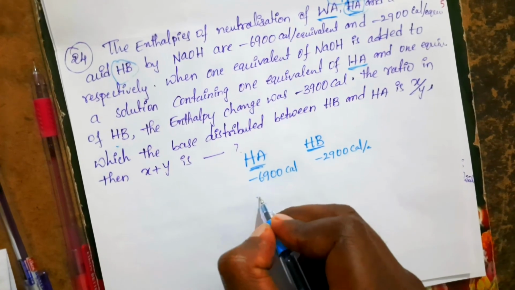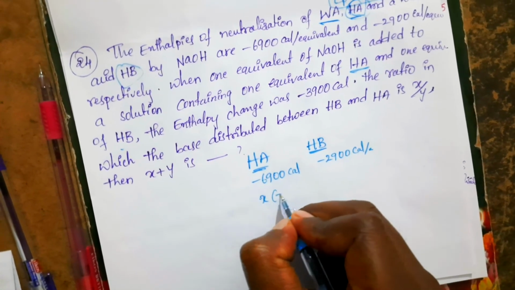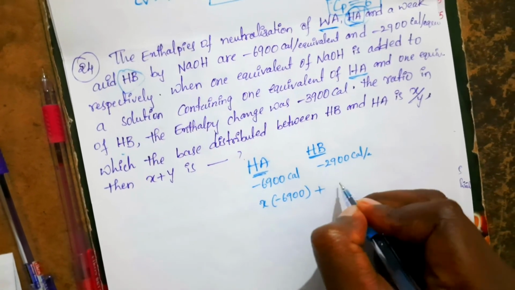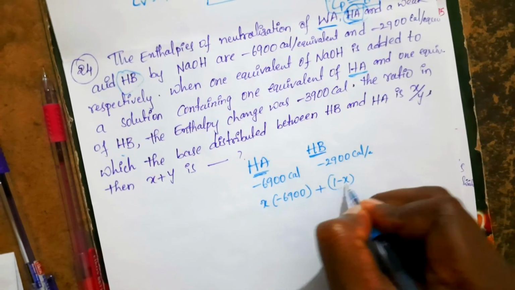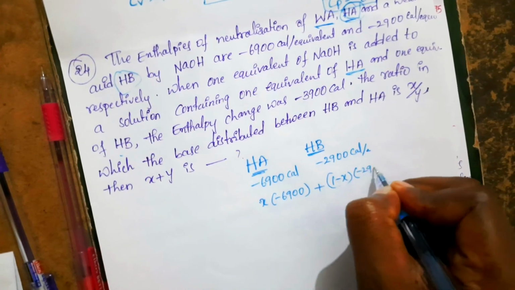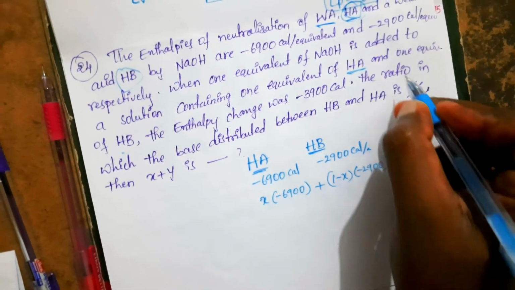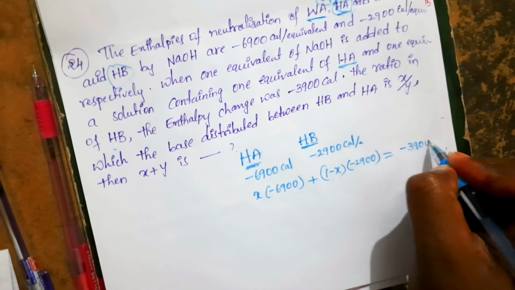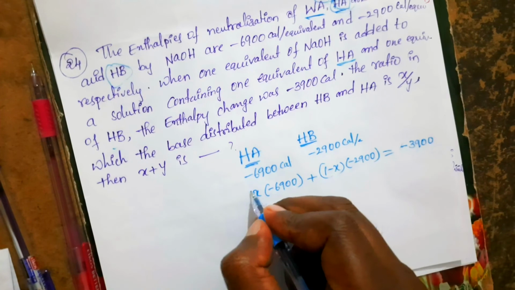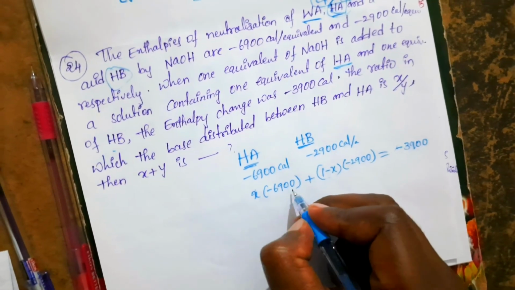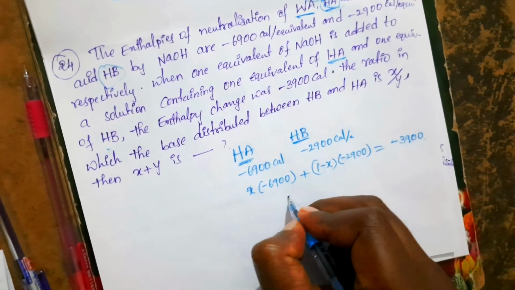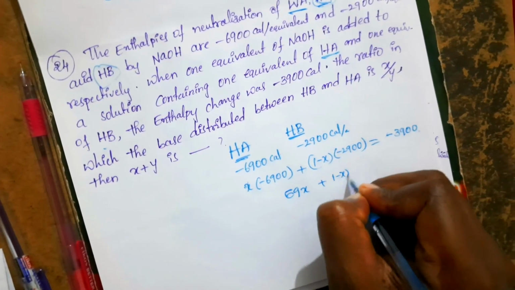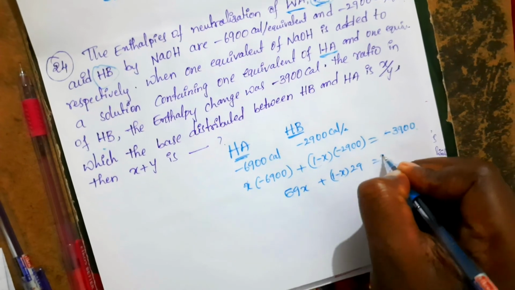That is x into minus 6900 plus 1 minus x into minus 2900 is equal to minus 3900 calories. The minus cancels on every side, and removing 2 zeros, that is 69x plus 1 minus x into 29 is equal to 39.